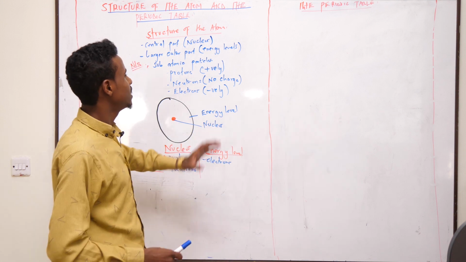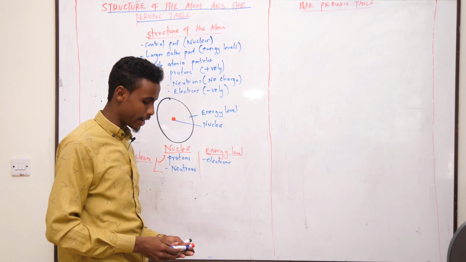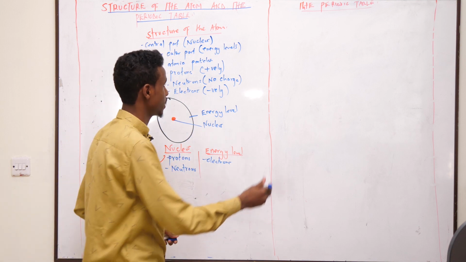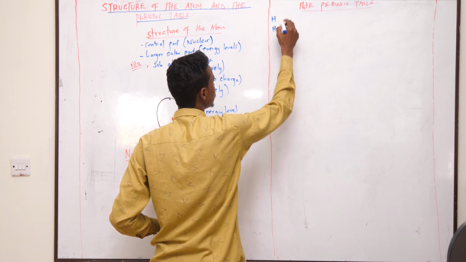And if I just have their chemical symbols here, so that we can discuss more about them. For example, we have the first element as hydrogen. We also have helium.